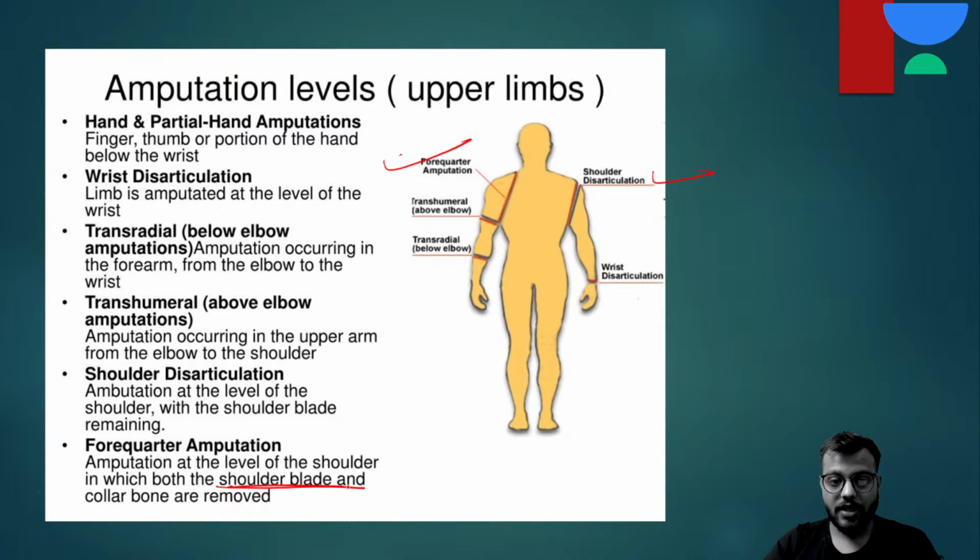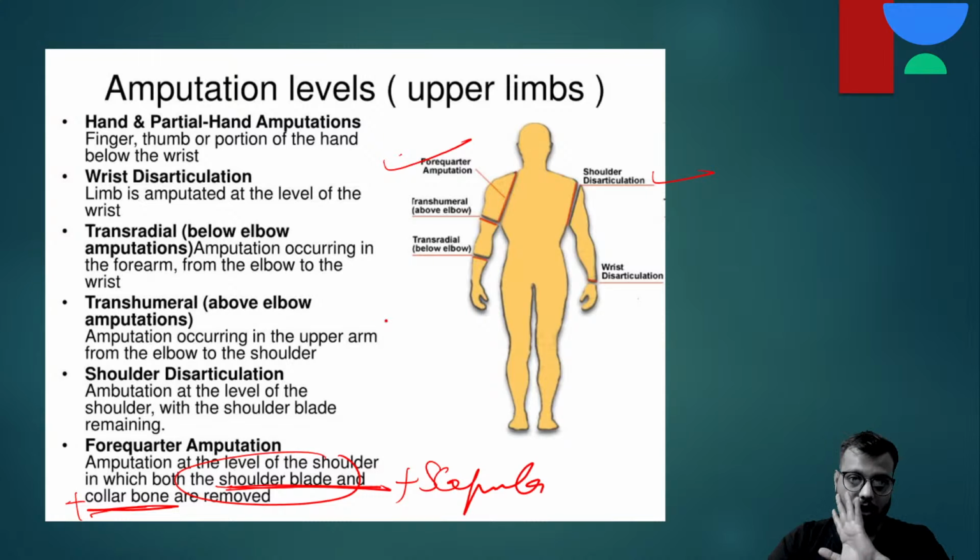Okay, scapula को भी remove करते हैं in your forequarter amputation with clavicle. ओके, और इन दोनों में से भी scapula is very important, जबकि in shoulder disarticulation clavicle and scapula are there intact.